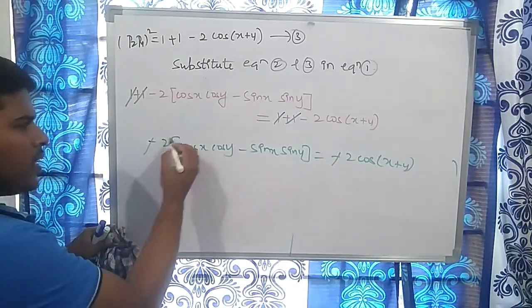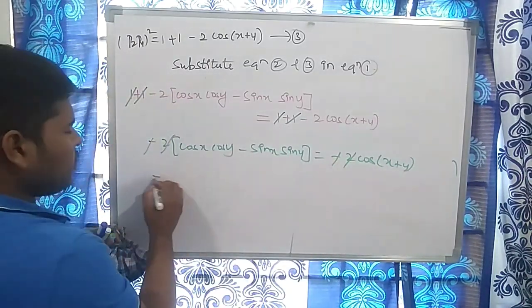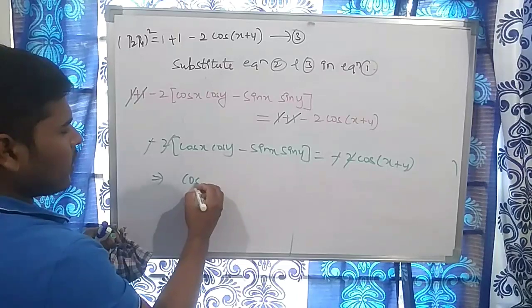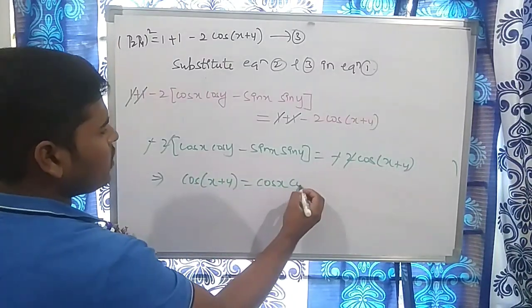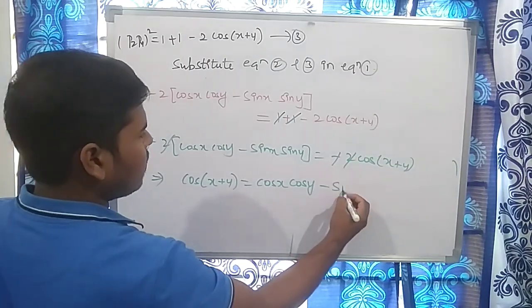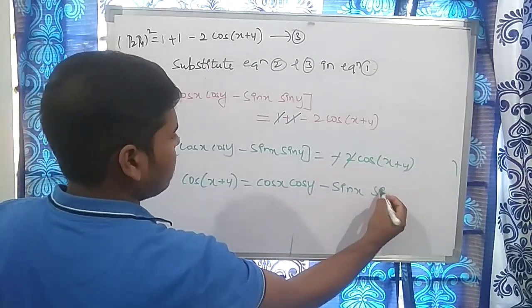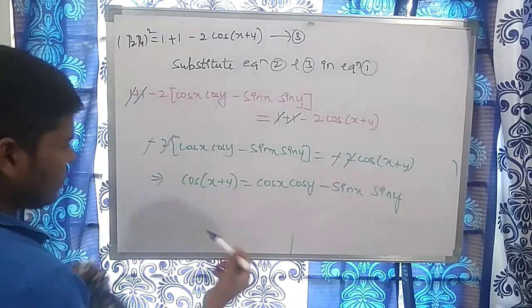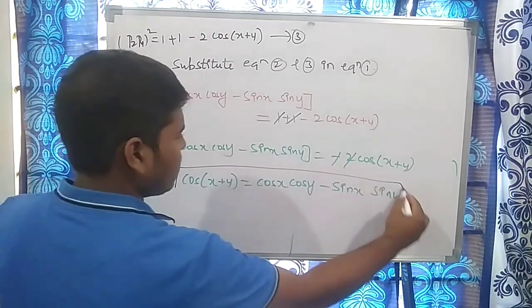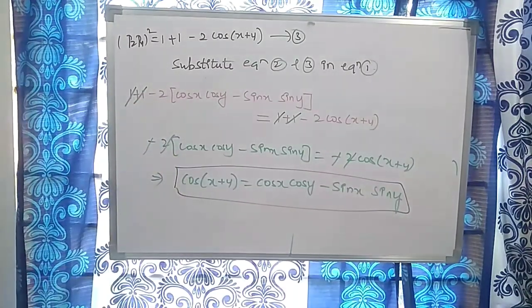Minus minus cancel, and the 2 gets cancelled, which implies cos of x plus y is equal to cos x cos y minus sin x sin y. See here, it is our theorem: cos of x plus y is equal to cos x cos y minus sin x sin y. I think all of you understand this theorem.